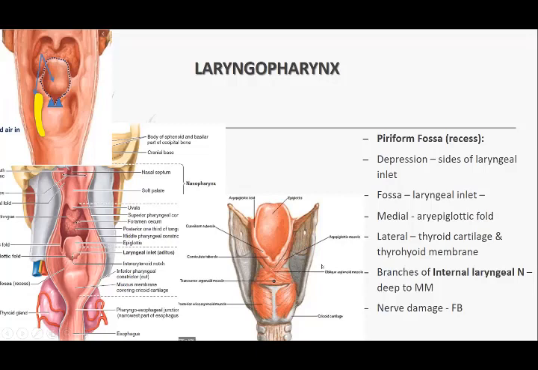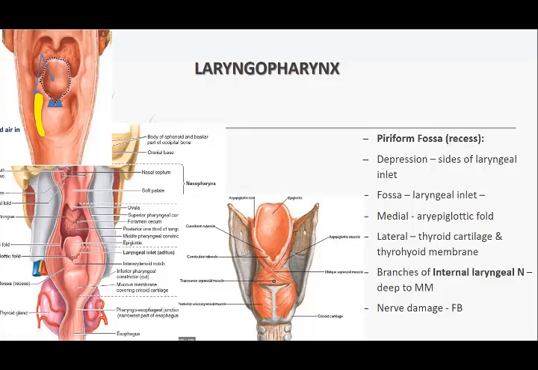Hence, it damages the internal laryngeal nerve. When the internal laryngeal nerve is damaged, which is the sensory nerve supply, there is complete loss of sensation in the piriform fossa.